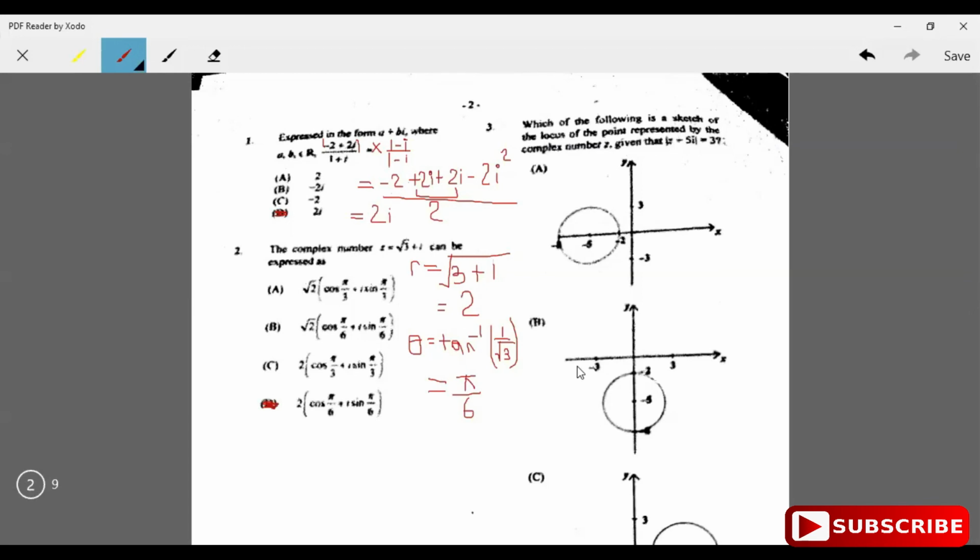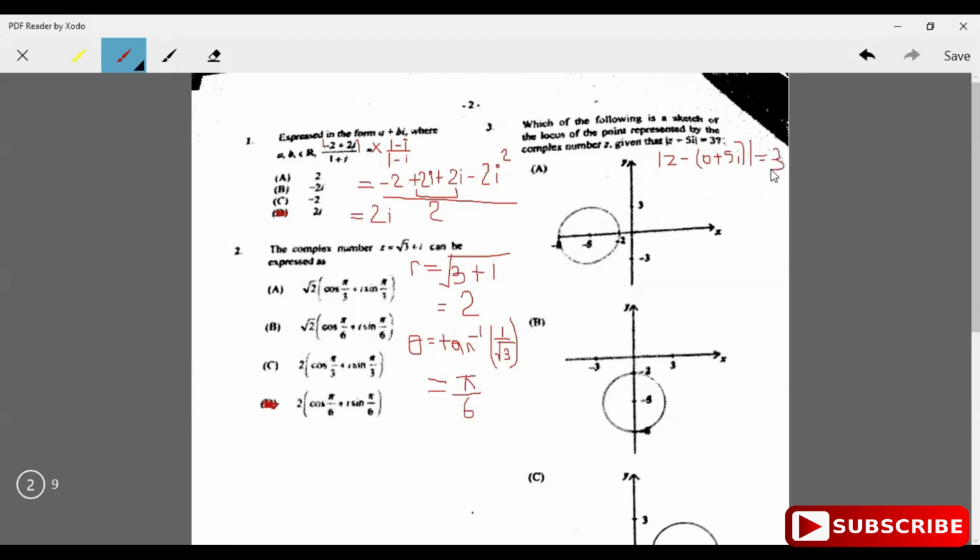Question 3 now, it's saying, which of the following sketches of the locus of the point is represented by the complex number given by the modulus of z minus 5i is equal to 3. So we can put this in the form z, since it has a minus right here, we're going to put a plus 5i, and that's equal to 3.